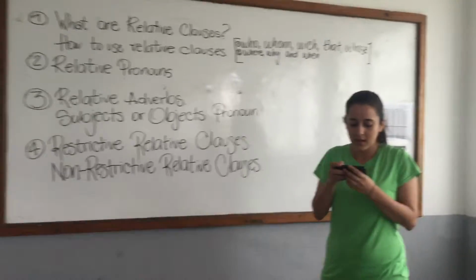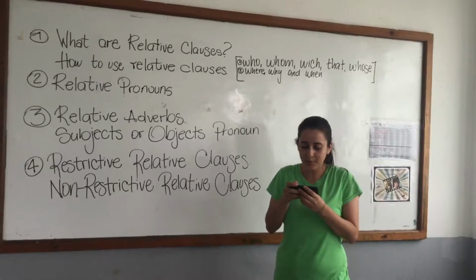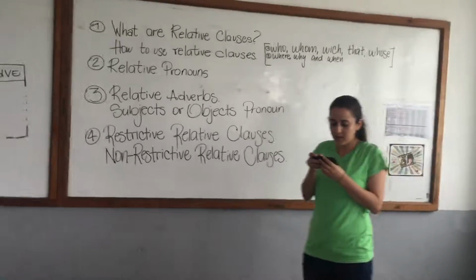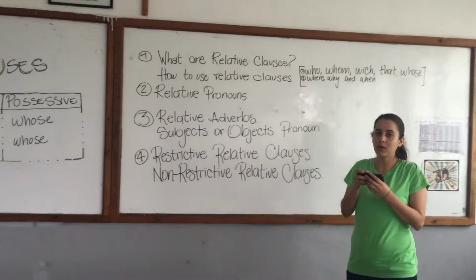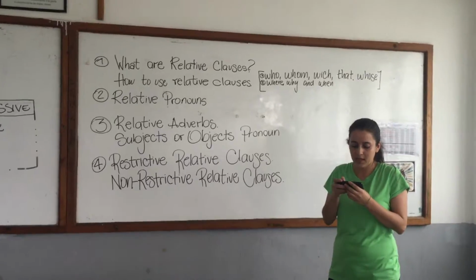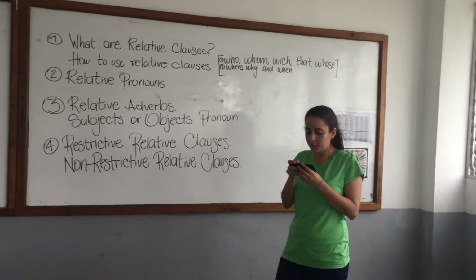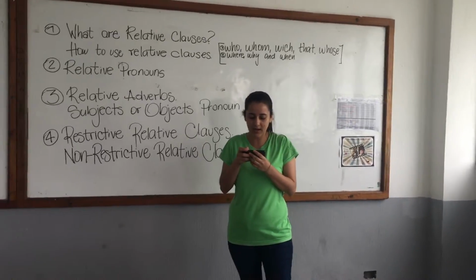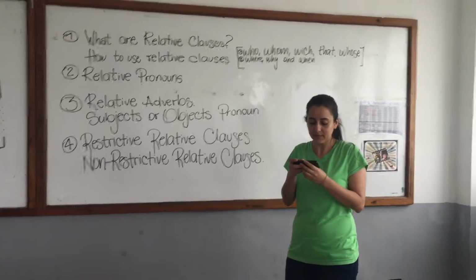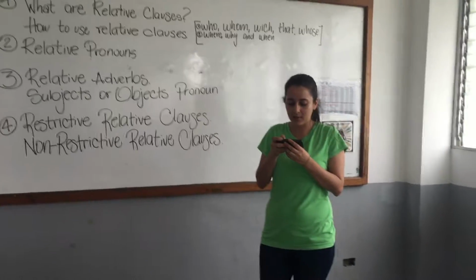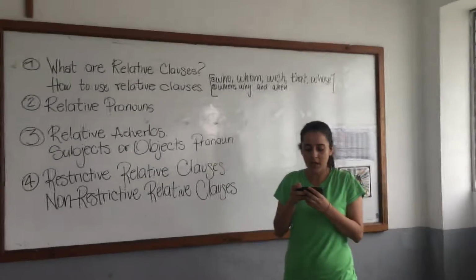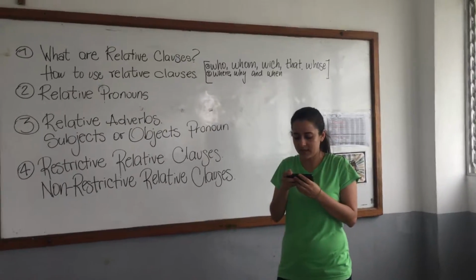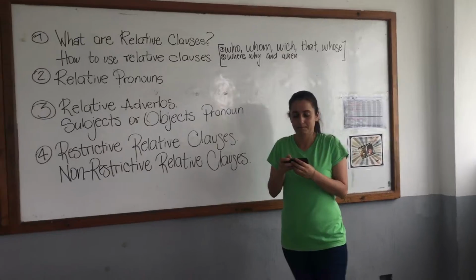Whom is for object pronouns for people, especially in non-restrictive relative clauses. Example: the boy whom I told me I would got the death rate in math. That: subject or object pronoun for people, animals, and things. Example: I like the dog that is over there.